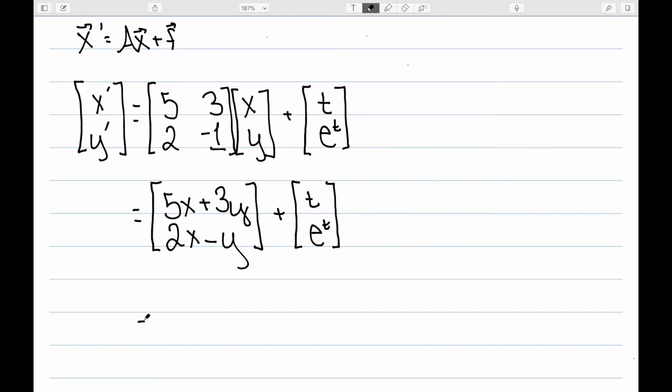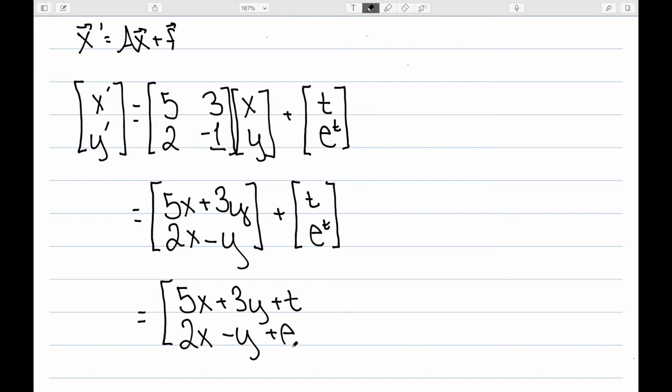We also know how to add vectors, so I can go ahead and add these. 5x plus 3y plus t. And 2x minus y plus e to the t. And so if we look, this first row says x prime is equal to 5x plus 3y plus t, which was the first equation in my differential equations. The second one, y prime equal to 2x minus y plus e to the t, which was the second differential equation in my system.